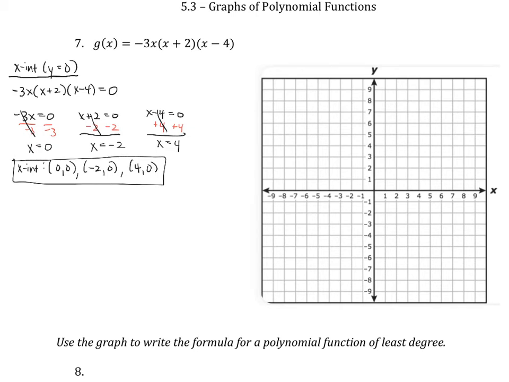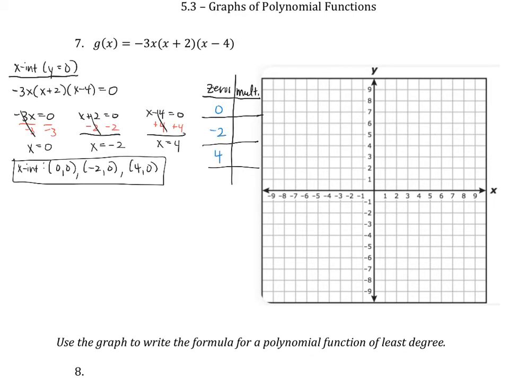Those correspond to zeros, right? And they have multiplicities. I guess I can make a chart again. So zeros, multiplicities. Okay, so my zeros are 0, -2, and 4.